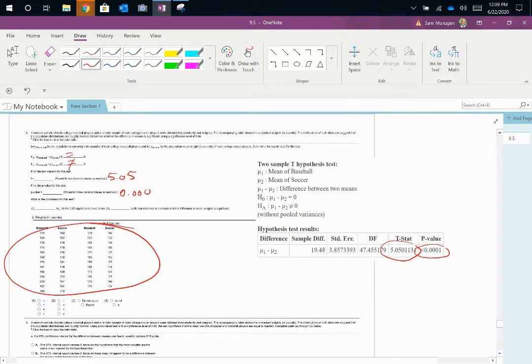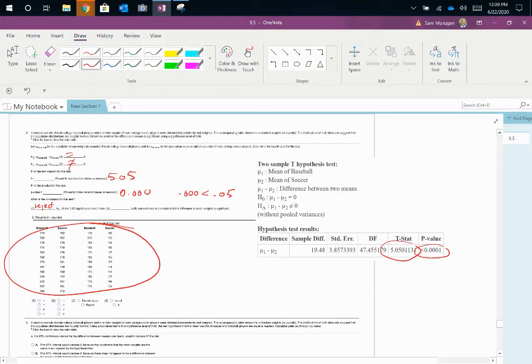What is the conclusion here? 0.000 is less than 0.05. Okay, we have to reject the null hypothesis if it's less than.